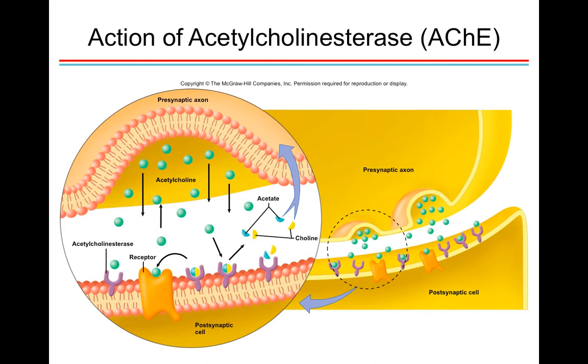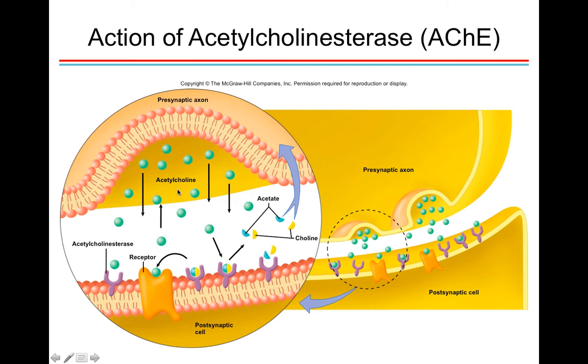So what happens after acetylcholine is released into the synaptic cleft? In this case, it's the muscarinic acetylcholine receptor, because we see only one acetylcholine in the postsynaptic cell. In the presynaptic cell, we see it has secreted acetylcholine.